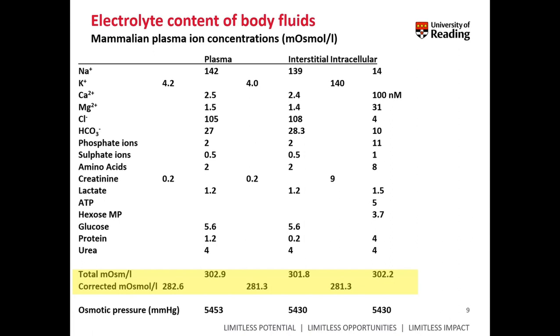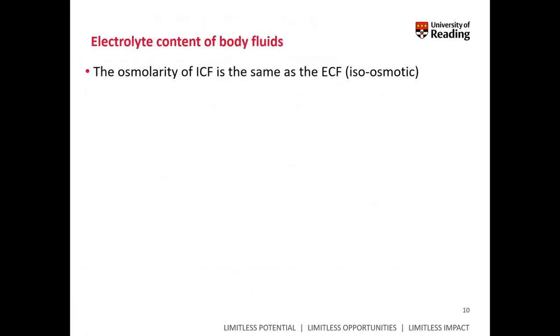So in this case, since we're considering every single compound and every single particle of solute, we can get the total millimoles per liter that, once corrected for the saline coefficient, will give us the osmolarity of the plasma and of the interstitial fluid. So the osmolarity of the intracellular fluid is the same as the extracellular fluid.